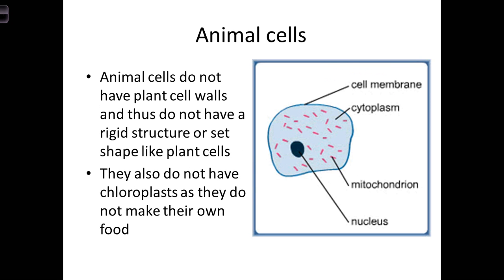An animal cell is a little bit different. They don't have plant cell walls. So animals don't have a cell wall, and so they don't have a rigid structure. They're a lot more soft and squishy, and so we have other ways of making our bodies stronger. We have bones that we develop inside our bodies, and the outer layer, skin, is kind of a tough layer of dead cells.